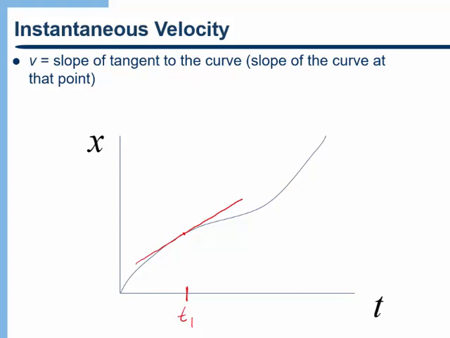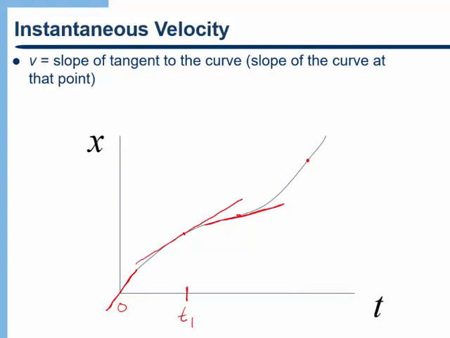You'll notice that as soon as we understand this, we can look at a graph of position versus time and understand how the object is moving. So you'll notice here at t equals 0, the object was moving pretty fast because we had a pretty large slope of x versus t. You'll notice that right in here, the object was moving pretty slowly because the slope of the graph was quite low.